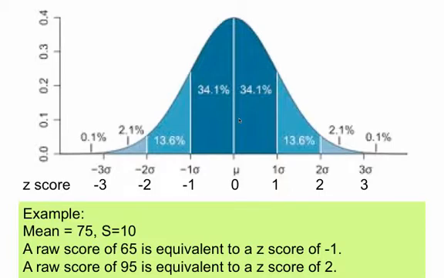If I said that one score had a z-score of -1, that would be a raw score of 65, because it would be 10 below the mean of 75. In a similar way, a raw score of 95 would be equivalent to a z-score of 2, because it would be 2 standard deviation units above the mean.